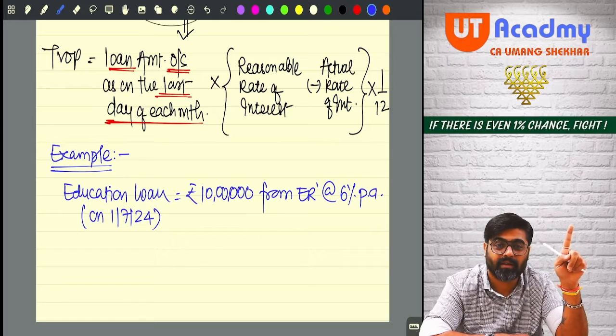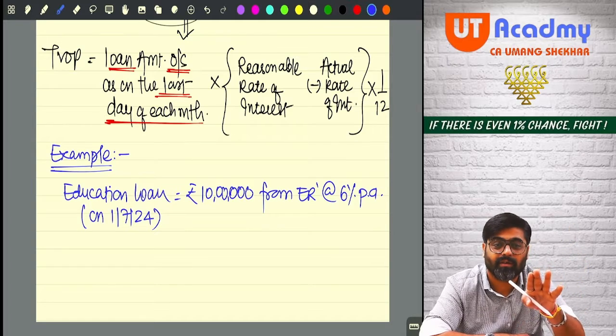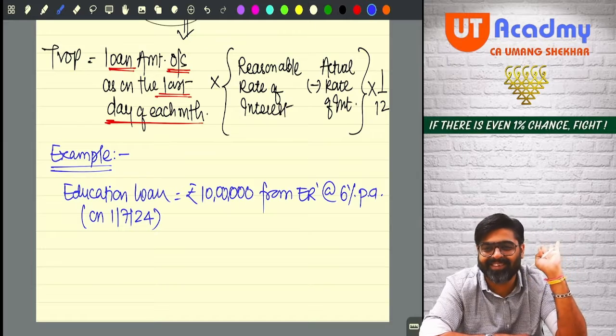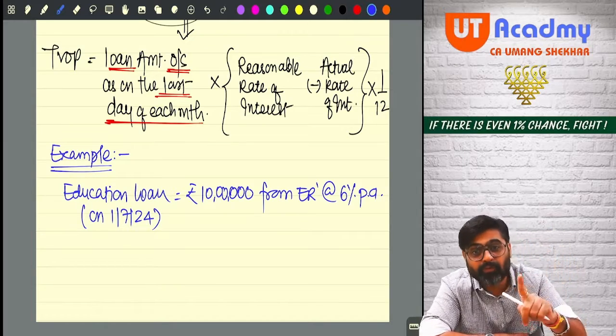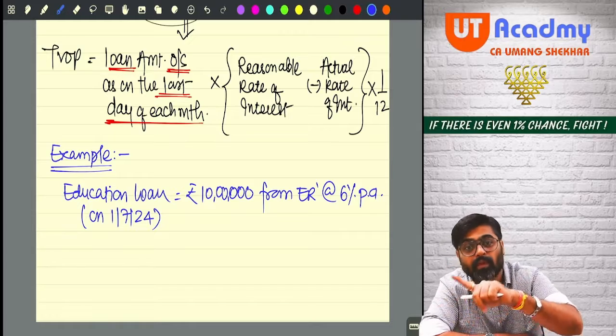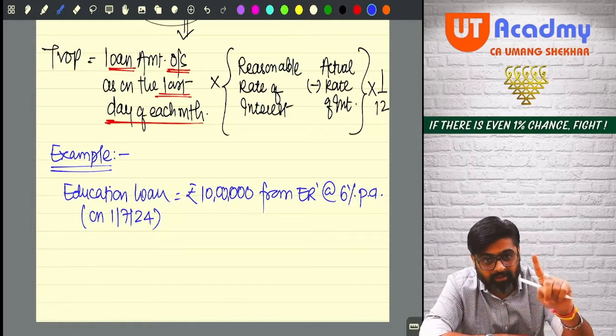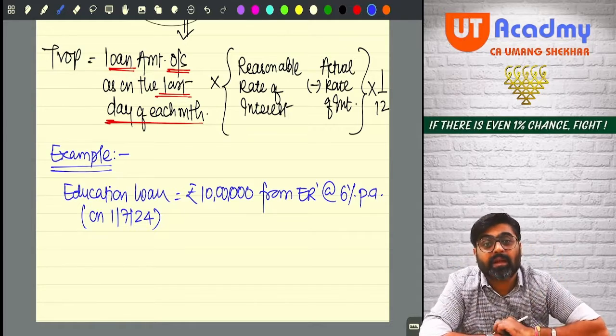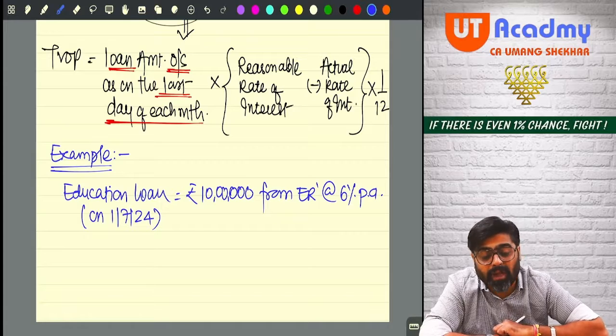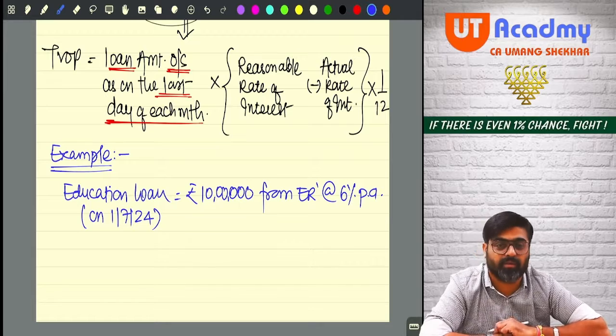Which bank would the government rely on? Always SBI, because it is a government bank. So if you would have gone to SBI to take the same educational loan, the rate of interest which SBI would have charged on this loan, that is the reasonable rate of interest.